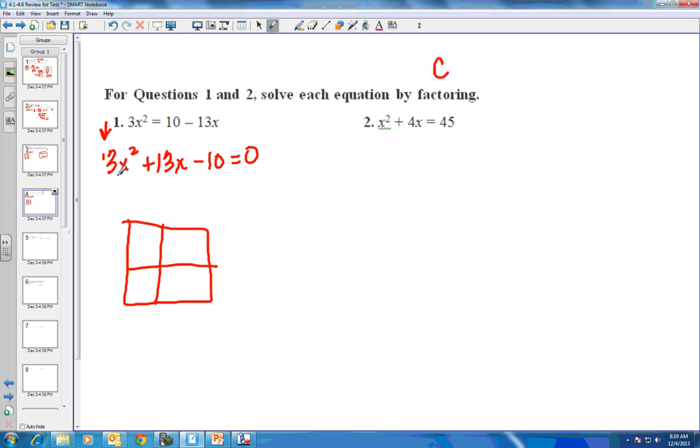In my box, my first term goes here, 3x squared. My last term goes here, -10. Multiply those together and I get -30x squared. So I need factors of -30 that will give me 13, a positive 13.